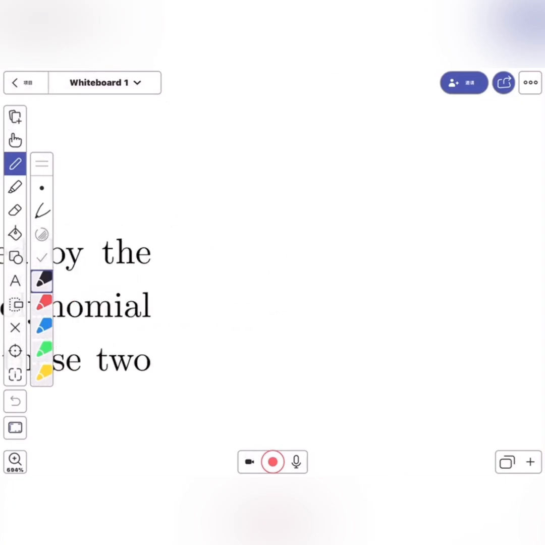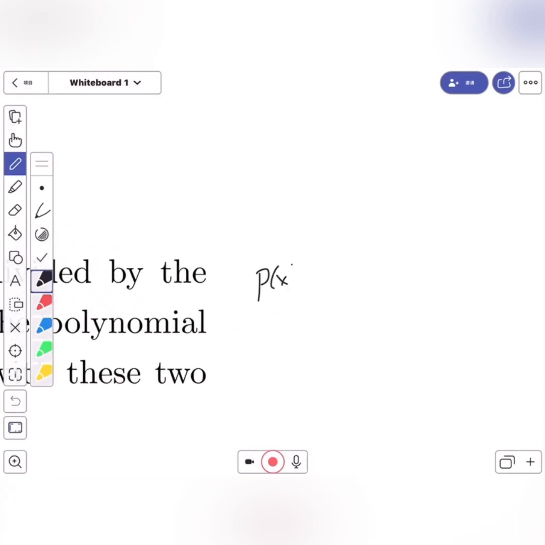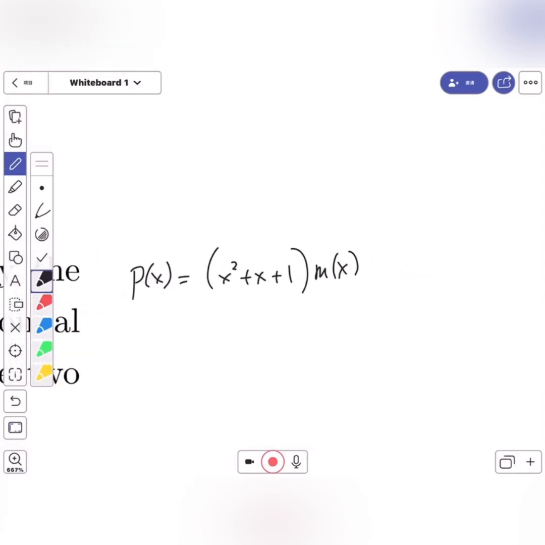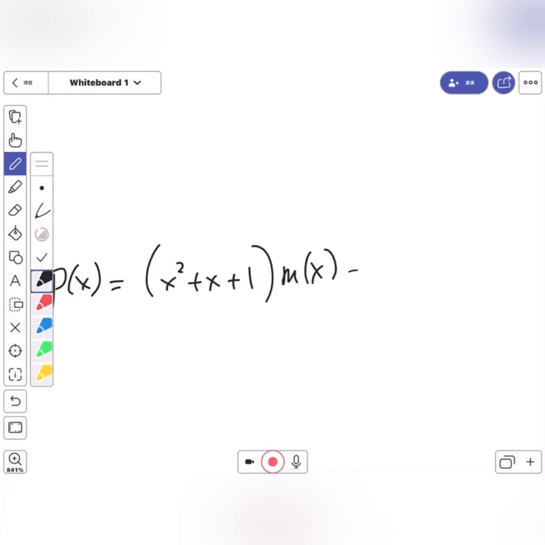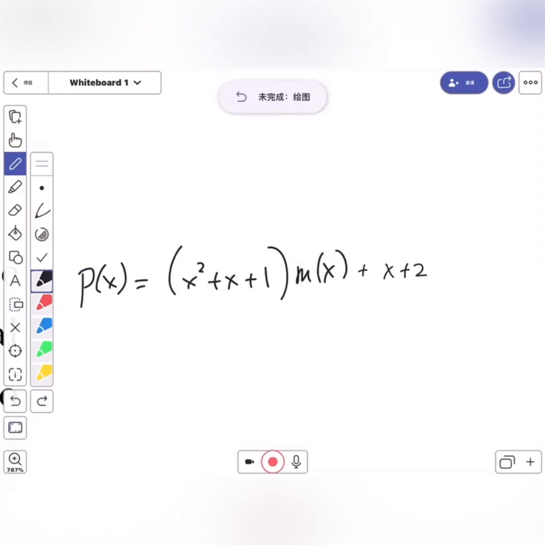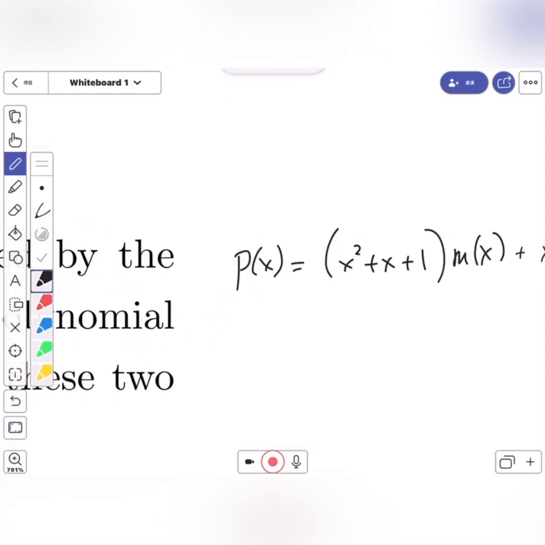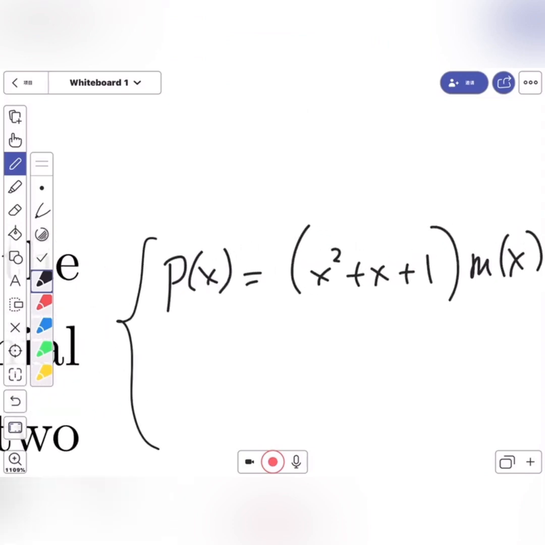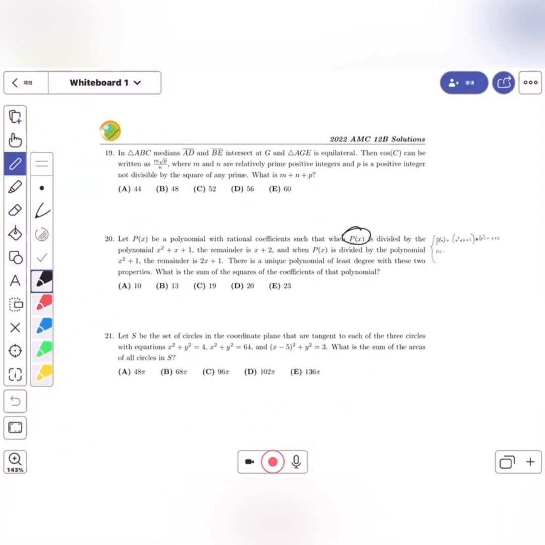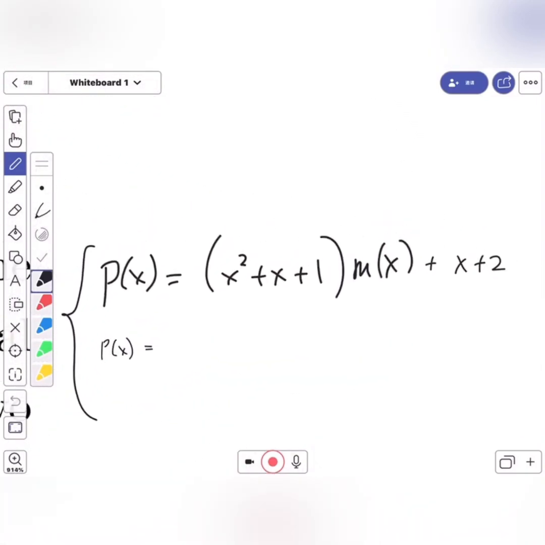So basically, in this case, we can rewrite p of x as x squared plus x plus 1 times some polynomial right here, m of x, which we don't know what that is, plus x plus 2, since this is basically the remainder. Now, we can also say that p of x can also be expressed as the second one, the remainder when divided by x squared plus 1.